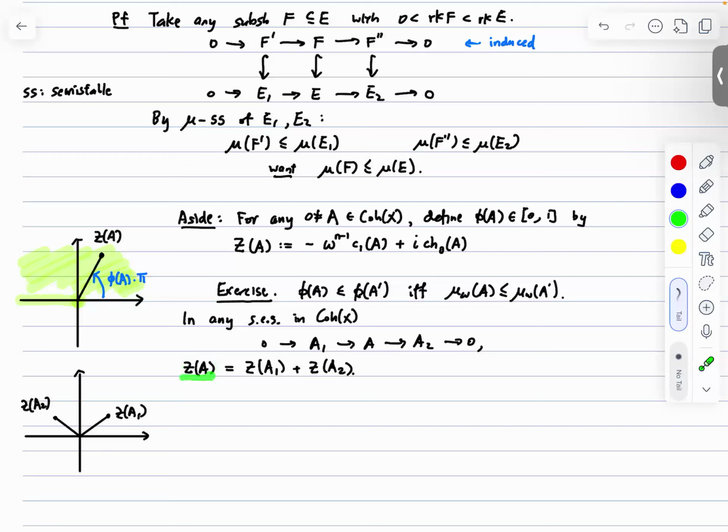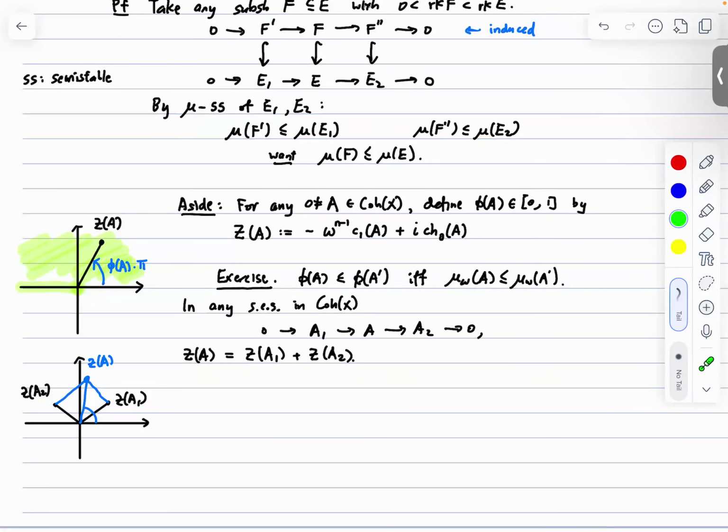But this number we can think of as just the sum of this vector and this vector. So geometrically, we draw a parallelogram using these two vectors, and then this new vertex is where Z of A is. And this angle would be phi of A times pi. So geometrically, this is how you get the phi of an extension using the phis of the two sheaves that are used in the extension.